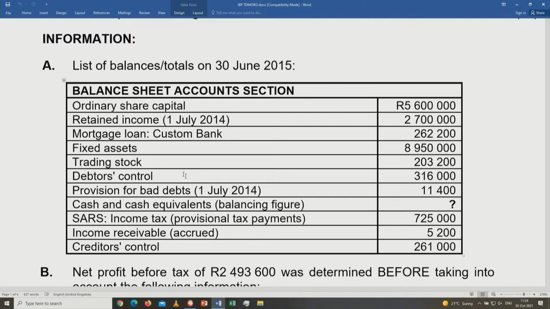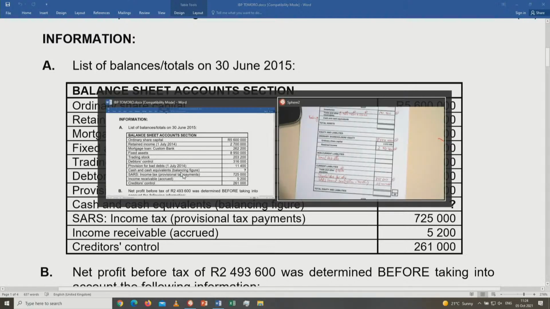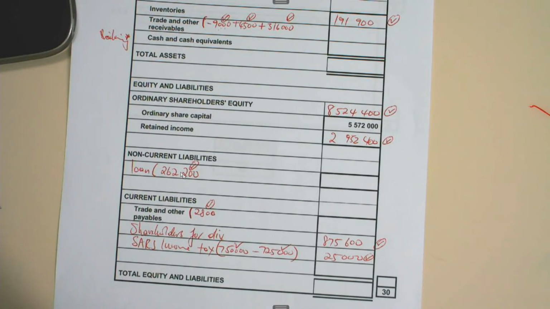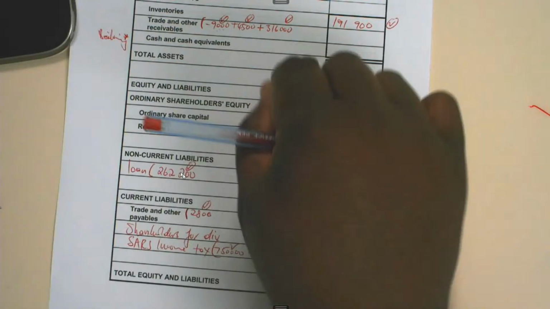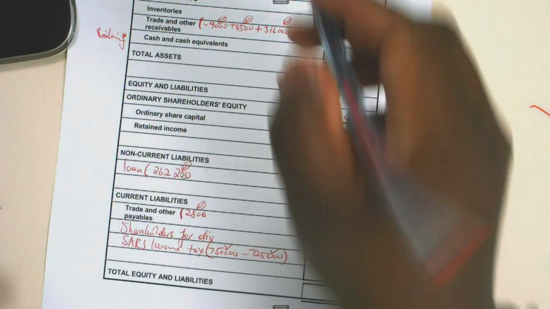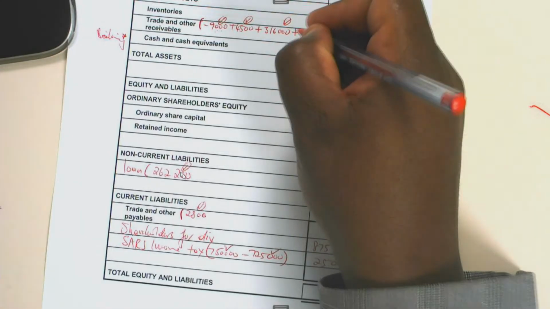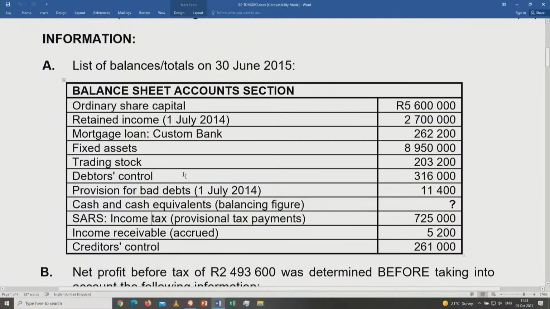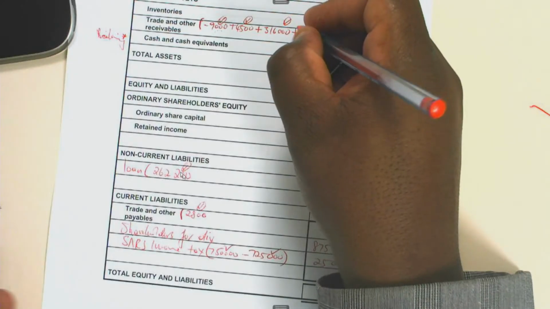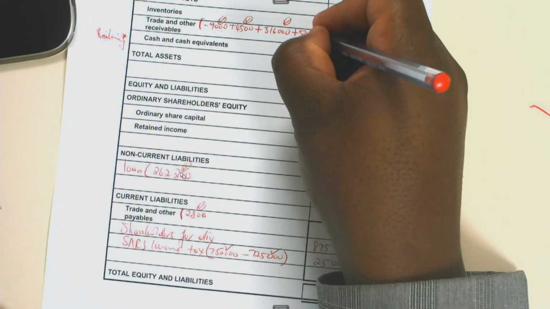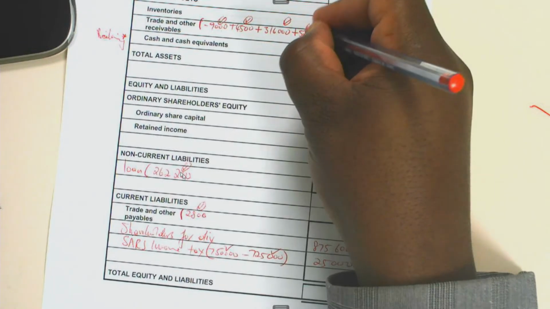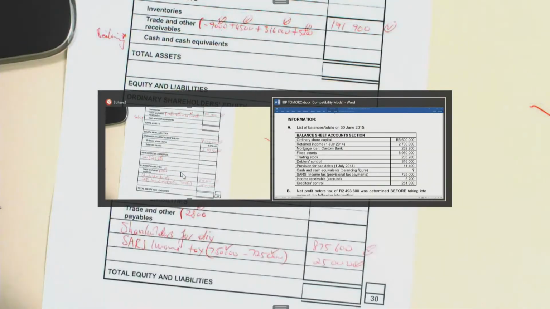Accrued income and prepaid expense fall under trade and other receivables in our balance sheet, and we must add all of them. Here we'll add 5,200.